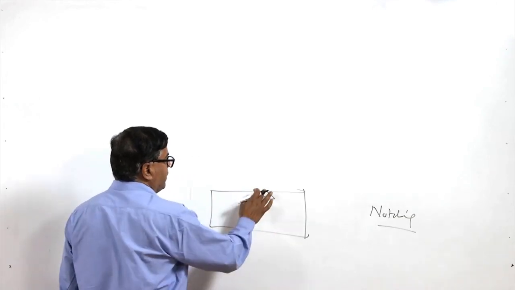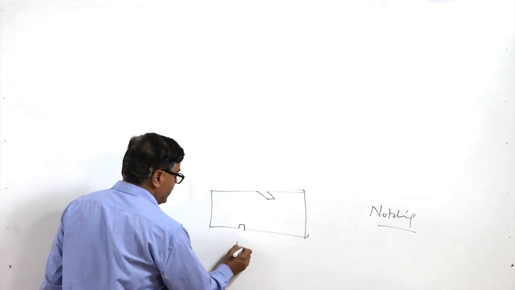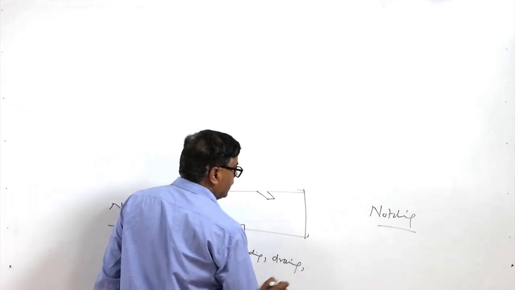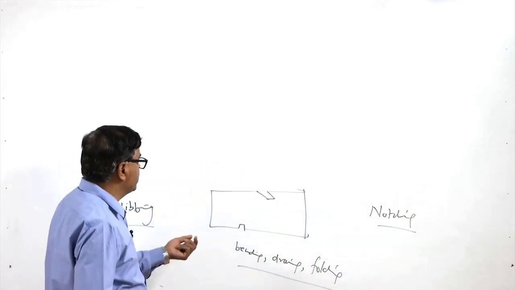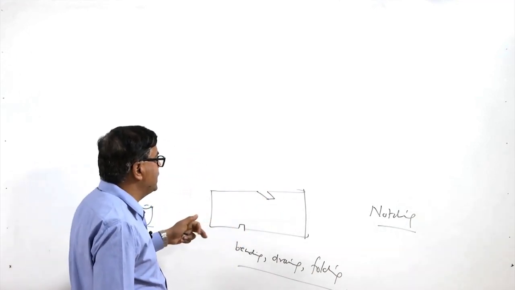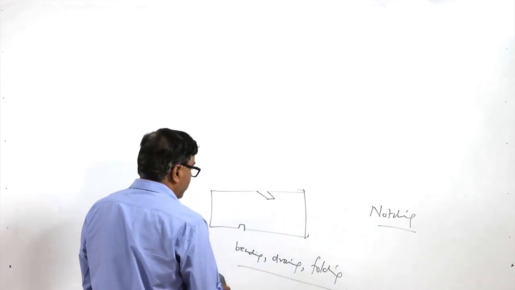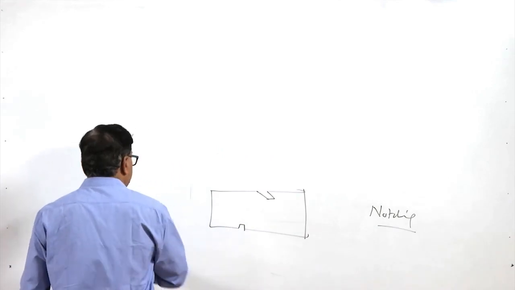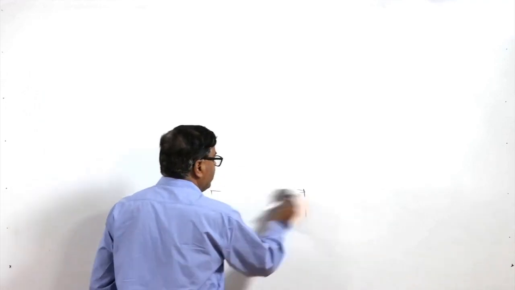So the cuts are made at the edges of the sheets to facilitate the bending, drawing and folding of the sheets. The purpose is to make a small cut at the edges and sides with the help of the die and punch, so that it can be bent, drawn and folded. Such an operation is termed notching.